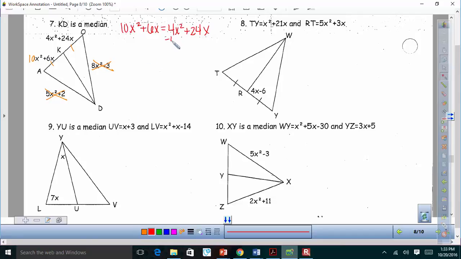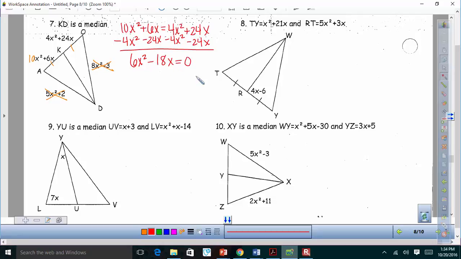So let's move our 4x squared by subtracting 4x squared. That's going to give me 6x squared. I also want to move 24x, so how would I move 24x? Subtract. We would subtract 24x. So 6 minus 24 is a negative 18x.